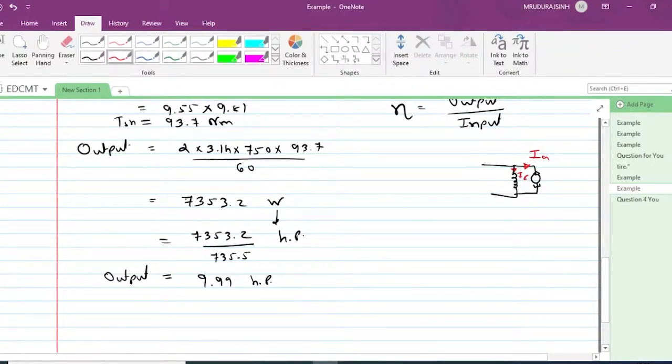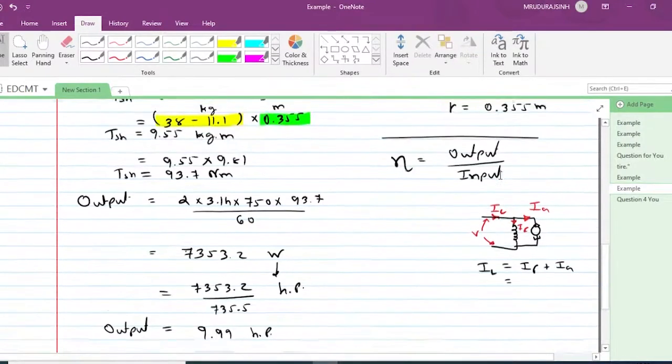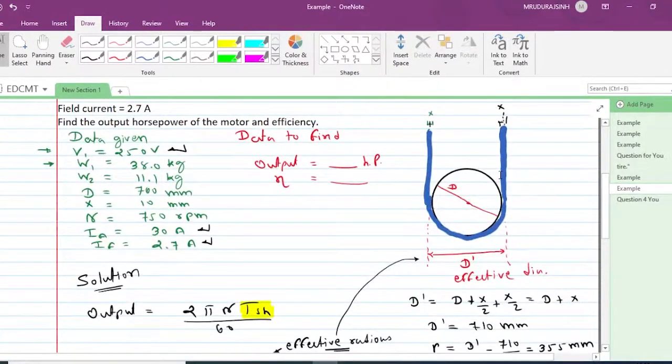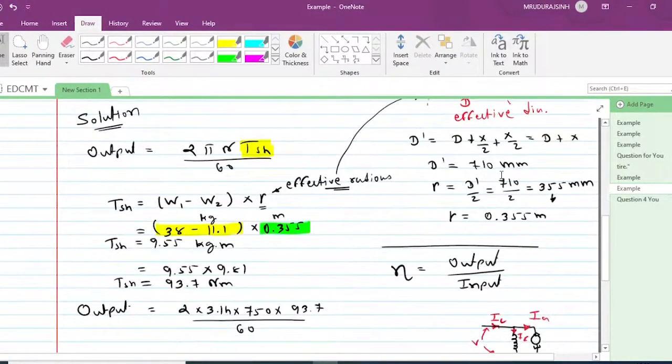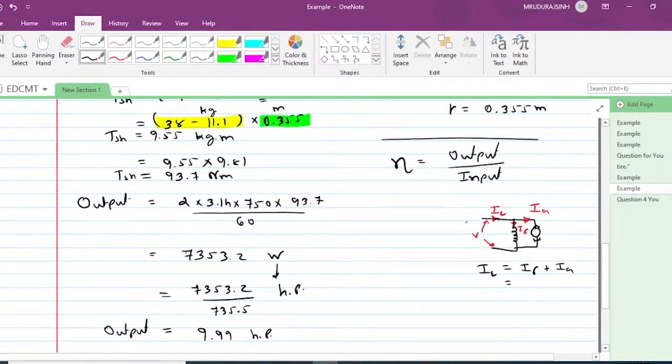So to calculate input power we need the supply voltage V as well as the line current IL, where line current IL is equal to IF plus IA. The armature current is 30 ampere and the field current is 2.7 ampere. So in total it's 32.7 ampere.